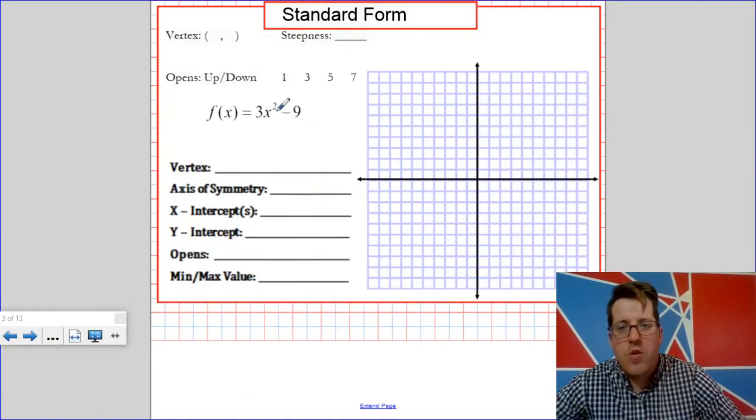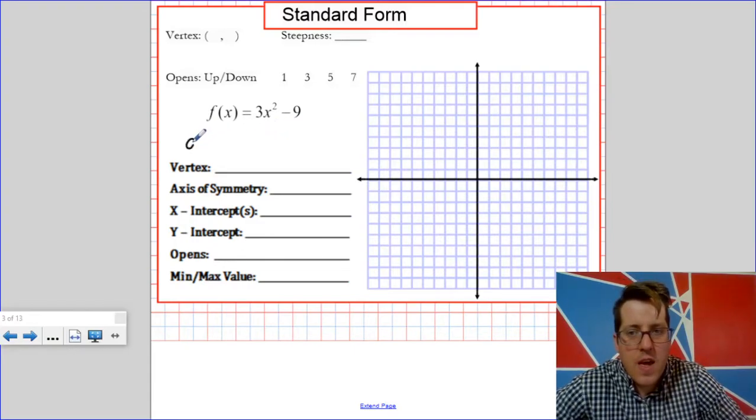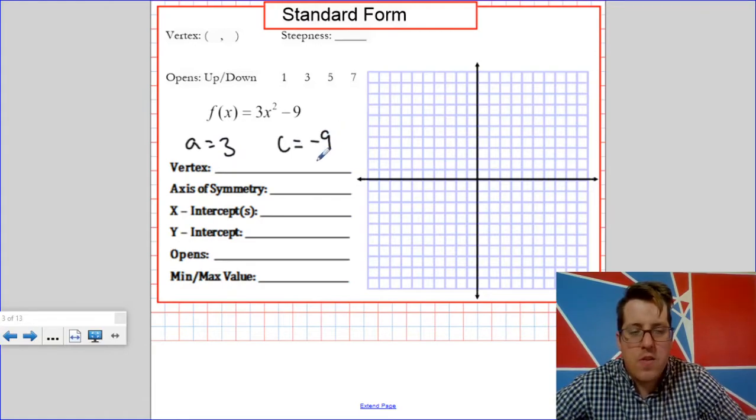A quick thought here. If something is missing a b term, you can think of it as being in vertex form. The vertex would be 0, -9.